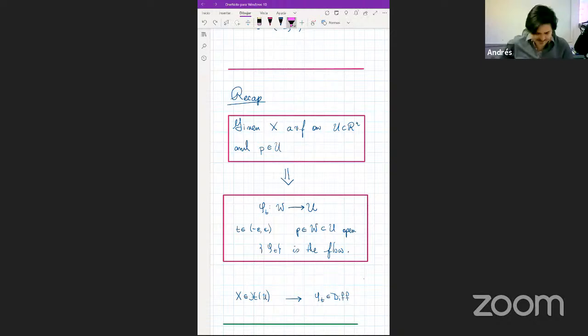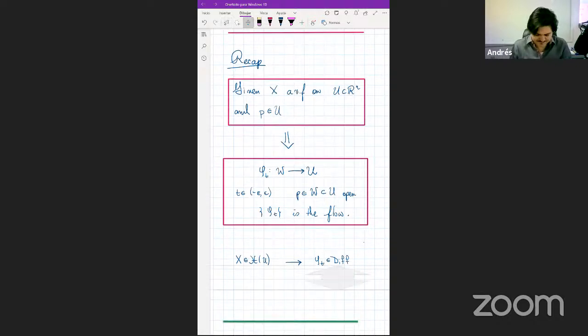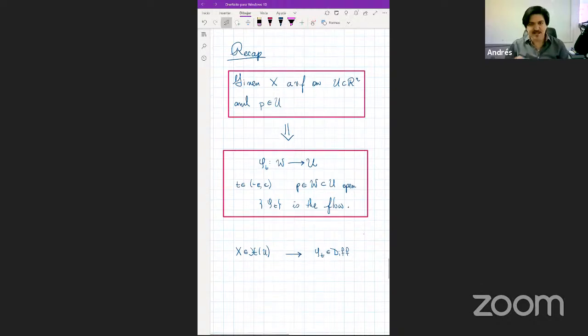But here is just like the set of ideas. But this is actually what is happening with the example of the rotations in R2, or the flow in R2, we actually got diffeomorphisms and everything working out.